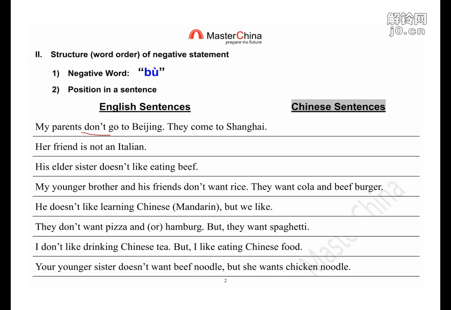Then they come to Shanghai. That's the positive way. So positive sentence, it's easier. Okay, so please just do it yourself. Just please pause this recording first. After you finish all the sentences, we just check together.